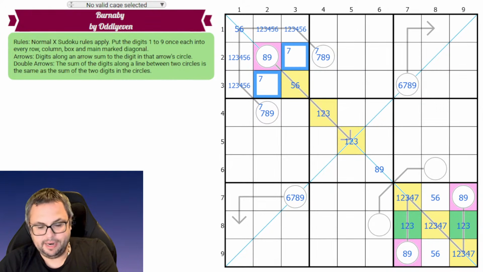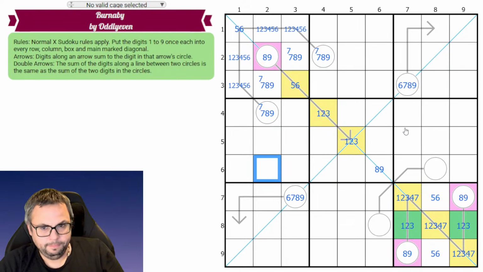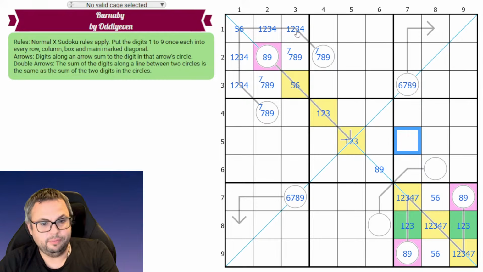These are from 7, 8, 9. So that actually gives us 7, 8, 9 triples in these rows and columns. Oh yeah, I can actually take out the 5, 6. Yeah, I saw the 5, 6 pair in the box, but then I didn't actually do it correctly.